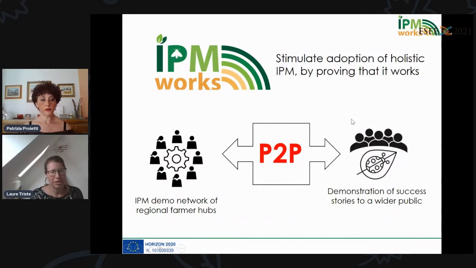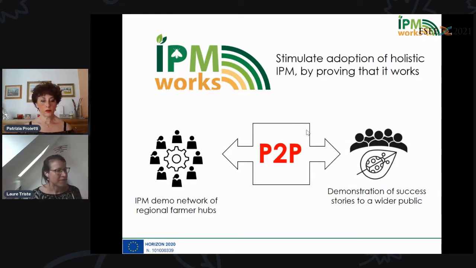So IPM Works aims to stimulate the adoption of holistic IPM by proving that it works. And the main way that we will do this in IPM Works is to focus on peer-to-peer learning. So there will be 2 main activities that are organized.